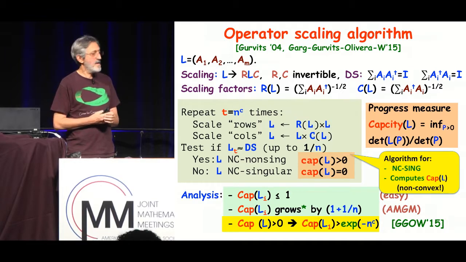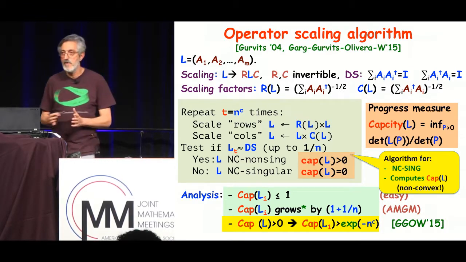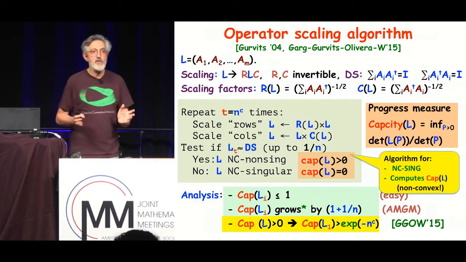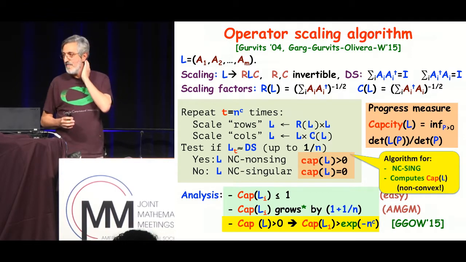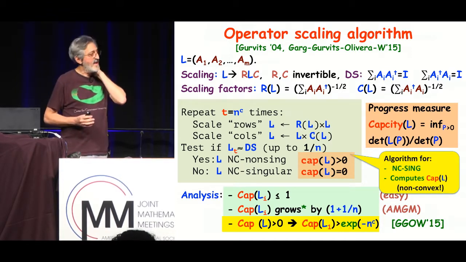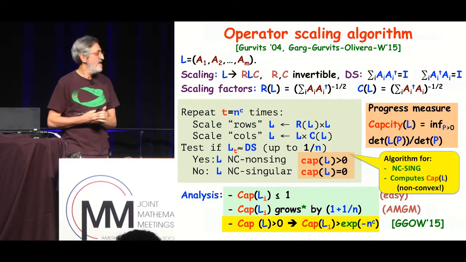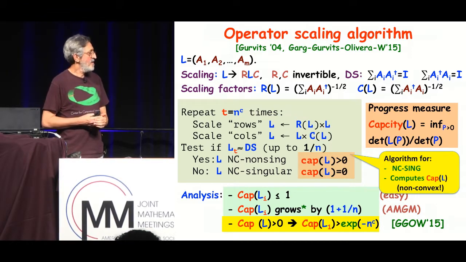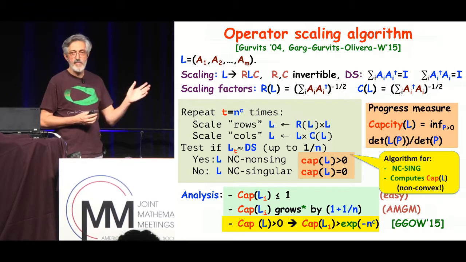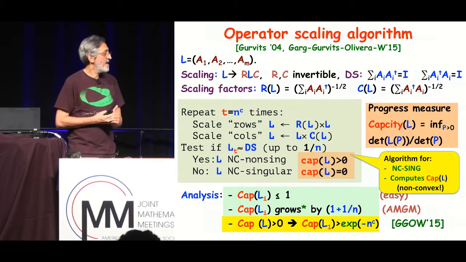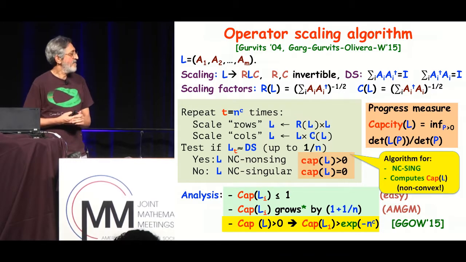And the fact that this is a polynomial time algorithm for a non-convex function, whenever you have a polynomial time algorithm for a non-convex function, is a reason to celebrate, because lots of problems we encounter and want to solve are non-convex. So this is one of them, and we'll explore some applications of this to non-convex optimizations on Friday.